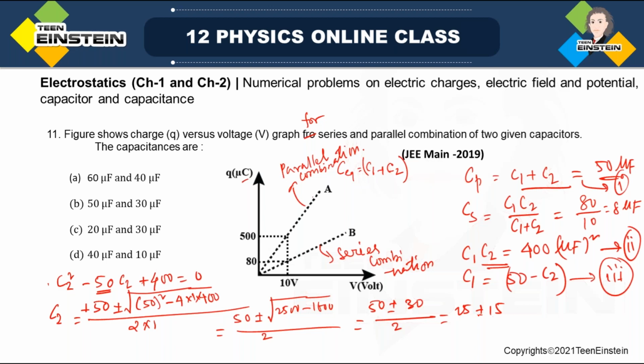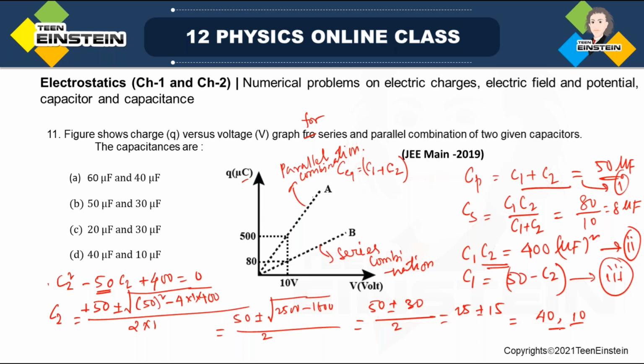And if it is minus, it will be 10. So there are two possible values for C2.